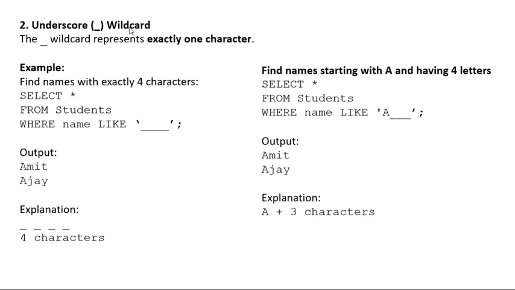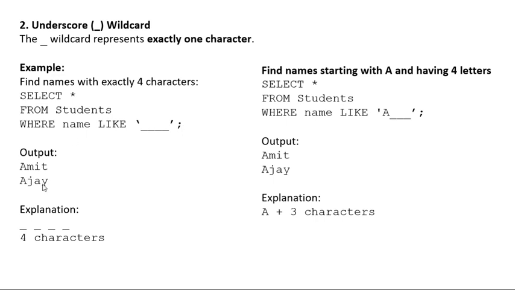Second is the underscore wildcard. The underscore represents exactly one character. For example, find the names with exactly four characters.